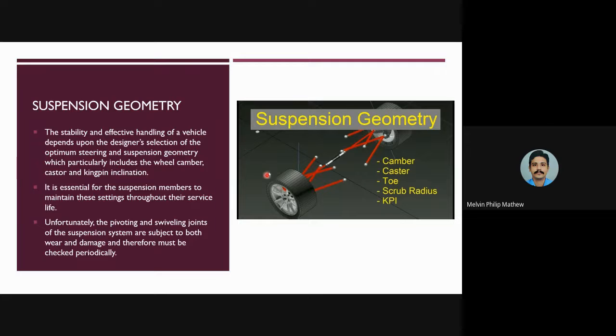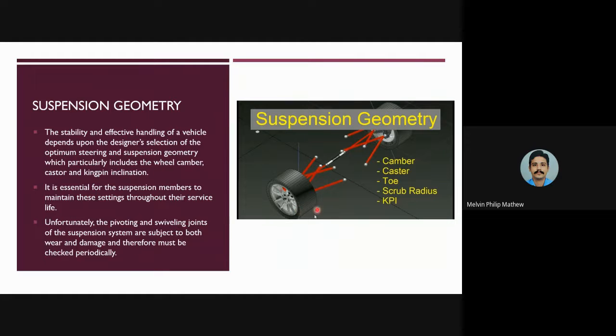That is known as camber. We have studied positive camber and negative camber. Another one is caster. When you look from this direction, the inclination provided to the wheels is known as caster. And then comes the kingpin inclination.